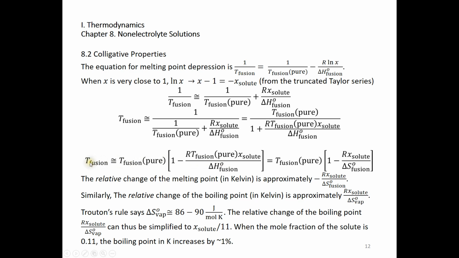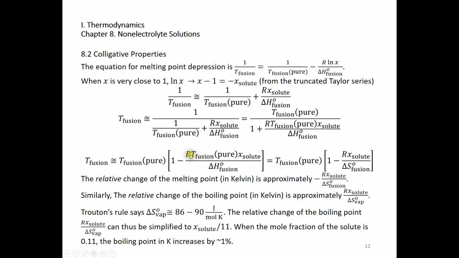Now we have the fusion point or melting point of the solvent. It's equal to the melting point of the pure solvent multiplied by this. And you can see this is less than 1. And that's why we call this melting point depression.